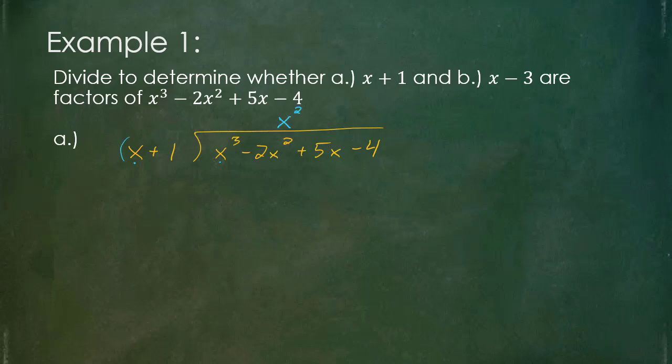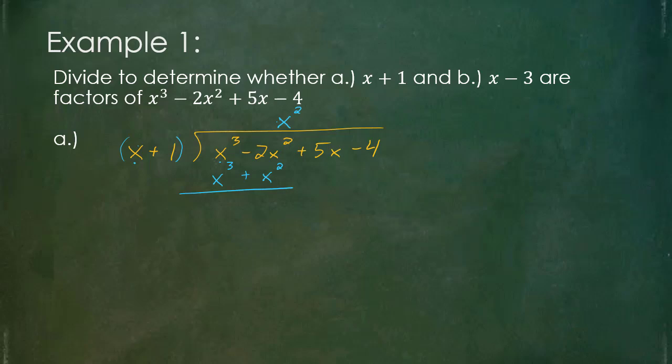At this point, I distribute through both parts of what's in front. So x squared times the x in front is x cubed, and I line it up with its corresponding like term. Then I do the same thing with the second part, x squared times 1, which is a positive x squared.